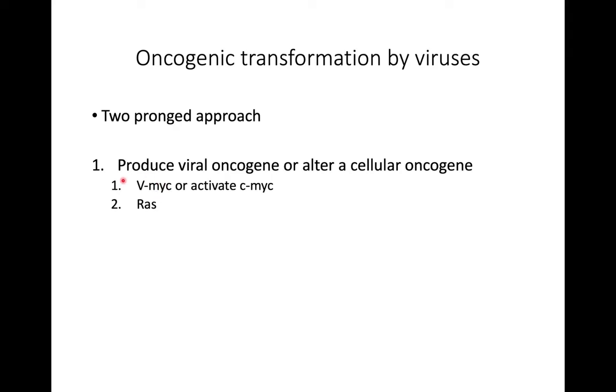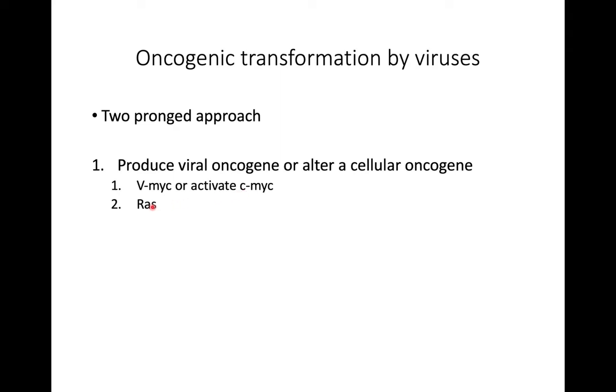So they can produce their own MYC, which is going to drive cellular replication, drive the S phase of the cell cycle, or they can simply turn on the pre-existing cellular MYC, which we call cMYC. Either way, you get the same result where you're telling the cell, divide, divide, divide, divide, divide.